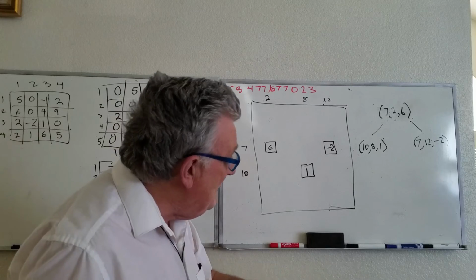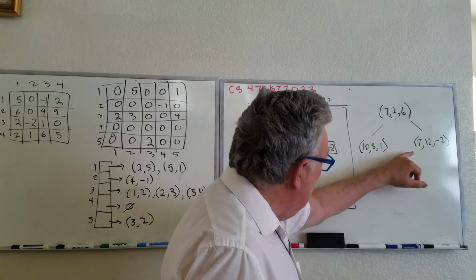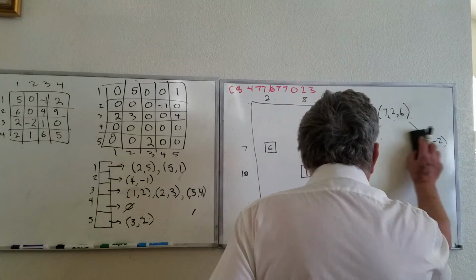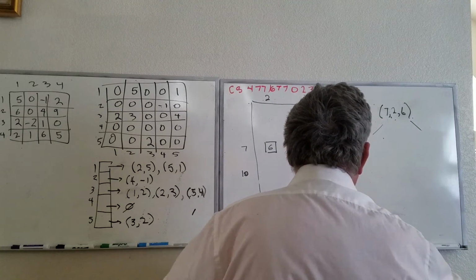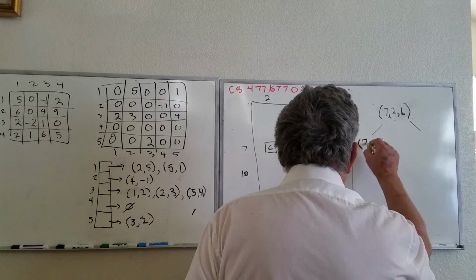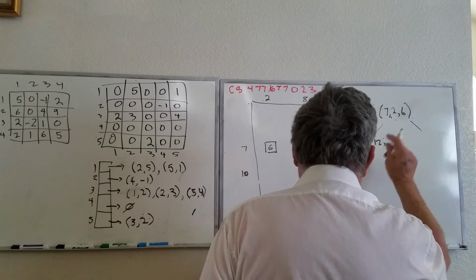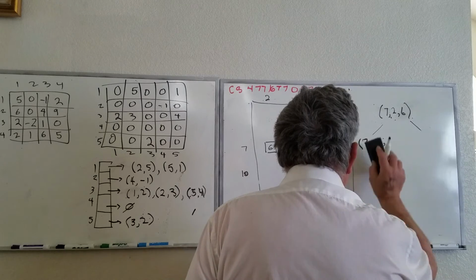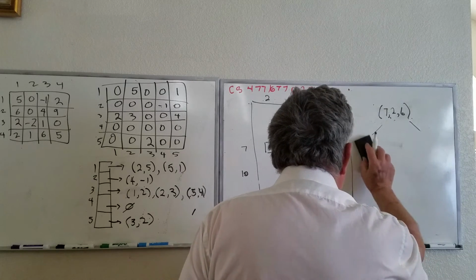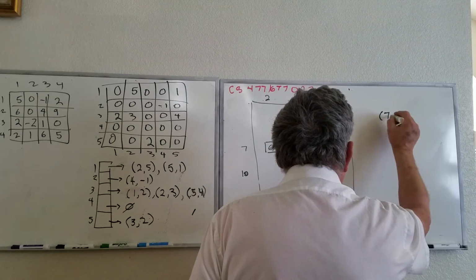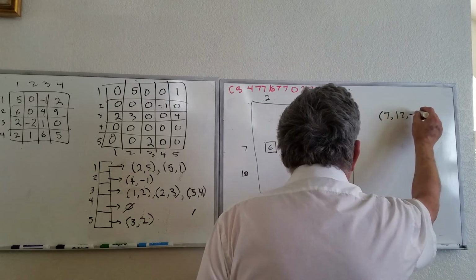Well, it looks like I messed up with the binary search tree. I should have this one on that side, shouldn't I? Let me switch that because somebody might be looking at it and get it wrong. So this is 7, 12. Oh, no. This should be at the root here. So this should be 7, 12, -2.